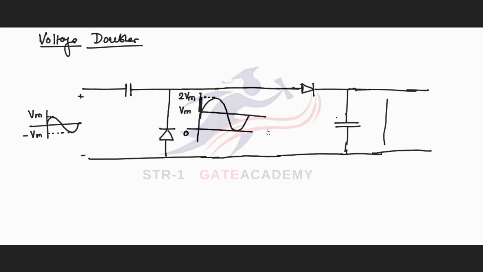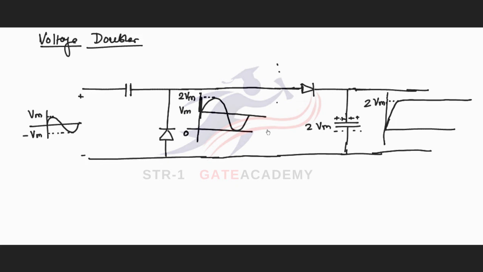So this capacitor will be charged up to 2 Vm and the output will be a constant voltage equal to 2 Vm. 2-3 times this voltage doubler circuit has been asked in the GATE examination in instrumentation engineering, electrical and electronics engineering also.